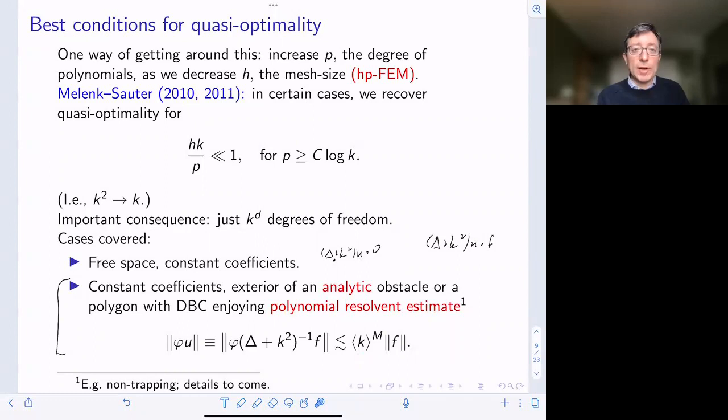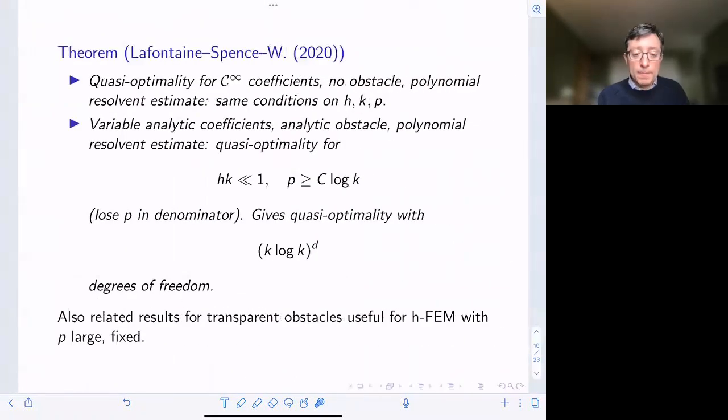So I will talk more about that assumption, which is a serious assumption, a little later. For the experts, I'll remind you that certainly that would hold a fortiori if the obstacles were non-trapping. And I'll explain what that means later.